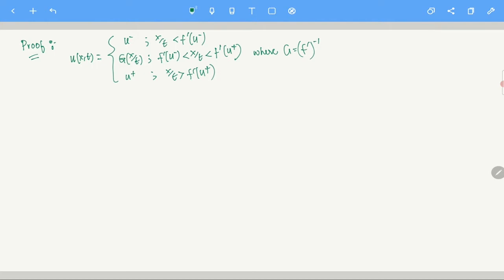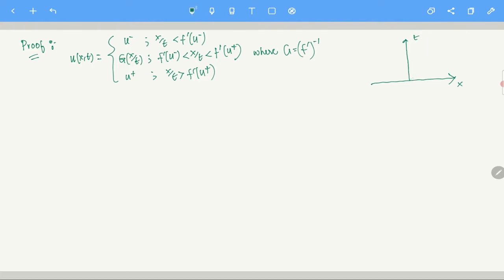First things first, let's draw this x by t picture. Let's say I'm drawing x-t, and let's say this is our curve, x equals sigma t. Let me draw it like this.